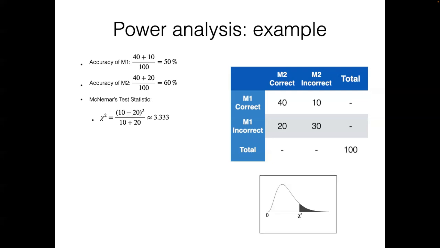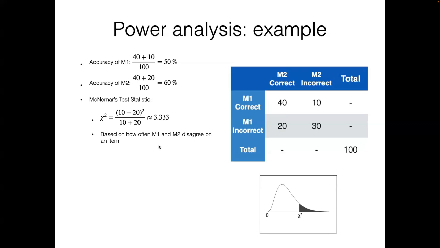It basically looks at how often the two models disagree. You can see that this 10 shows up where M1 is correct and M2 is incorrect, and the 20 shows up here. Then you get this statistic, and it says 3.33.